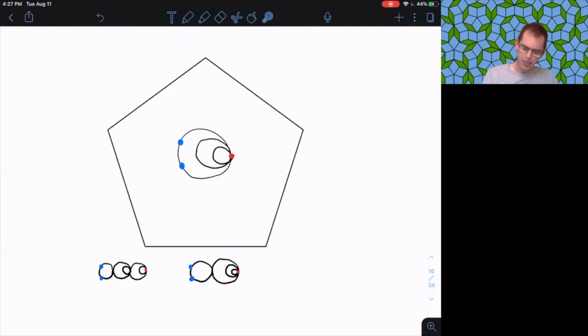What are some degenerations? One is when these two mark points come together, and then we just bubble off this unquilted disk right here. And then to get to this vertex here, we can do a further degeneration where the larger of the two interior circles expands until it hits the boundary.